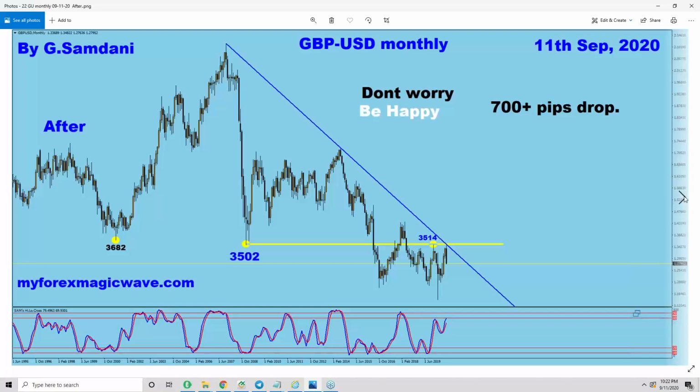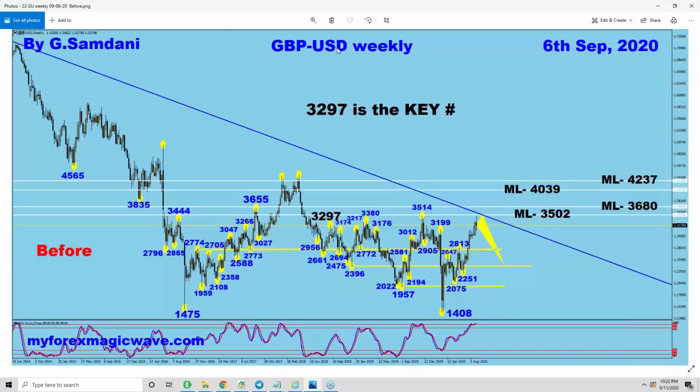Okay. And also the weekly chart I made, this is the pound USD weekly chart. This was last week, right? On the 6th, which was Sunday. Monday started the 7th, right? So this is what happened on Sunday. The pound USD went up and then posted a doji there, right below that area, 30 below 3502 and the TL.